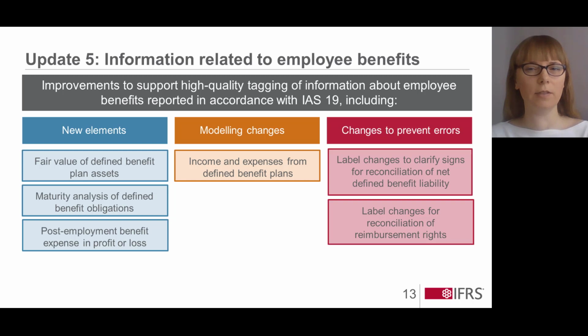Previously, the IFRS taxonomy included only elements for tagging the disaggregation of numerical amounts. We added elements to enable tagging of commonly disclosed maturity analysis of defined benefit obligations. We also added an element for tagging the total post-employment benefit expense in profit or loss.